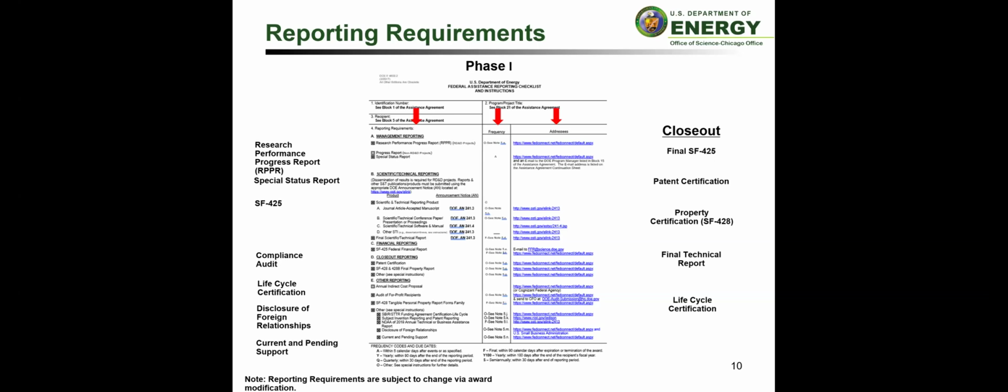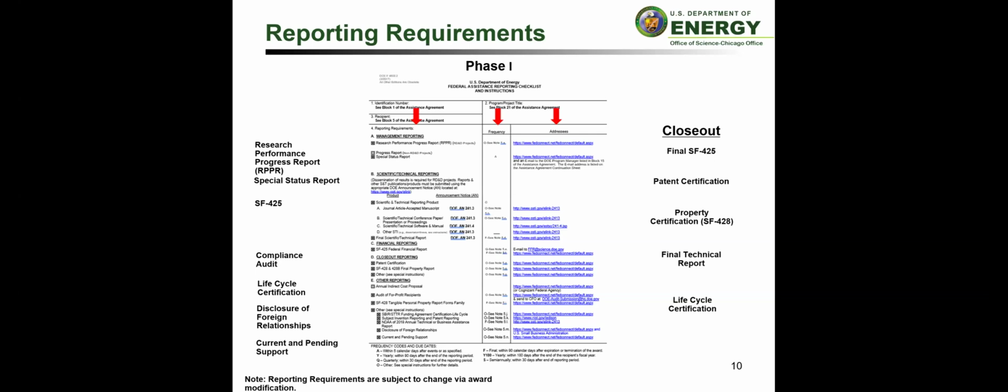Actually, per clause 74CH in your general terms and conditions, there's 2 dates for any current pending support or resume that was previously submitted and that requires a change. That change or update needs to be submitted within 30 days of the change occurring. The 60 days applies to any previously unnamed senior key personnel, postdoc, or grad student.